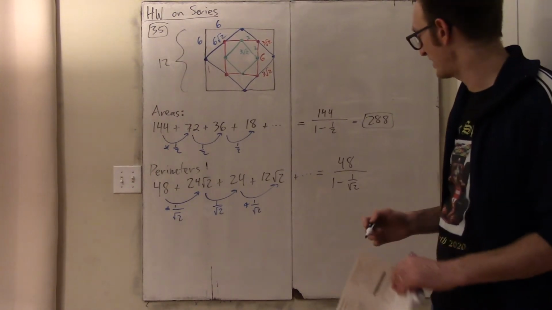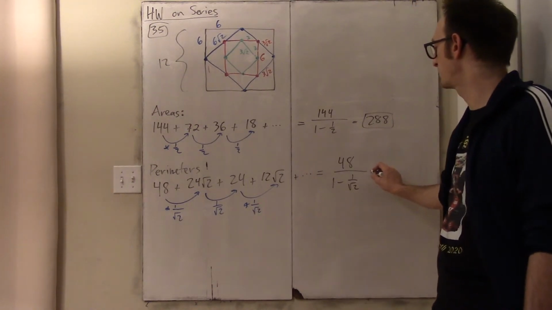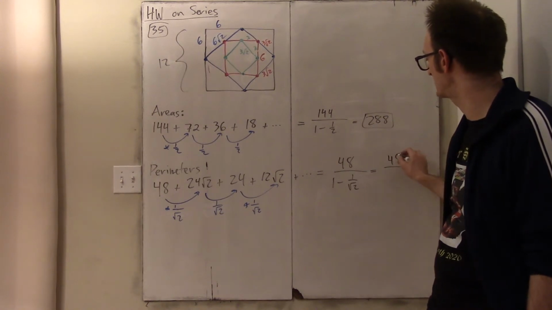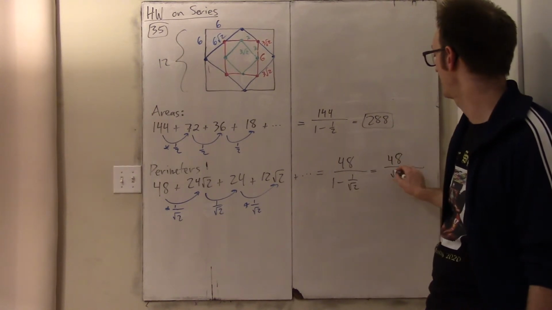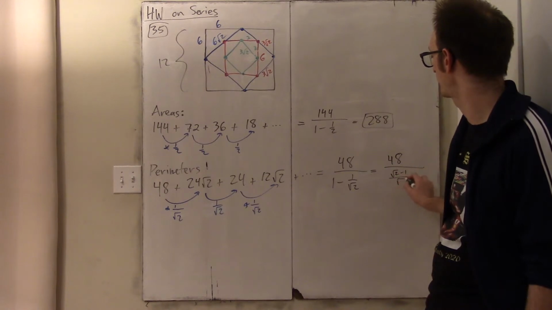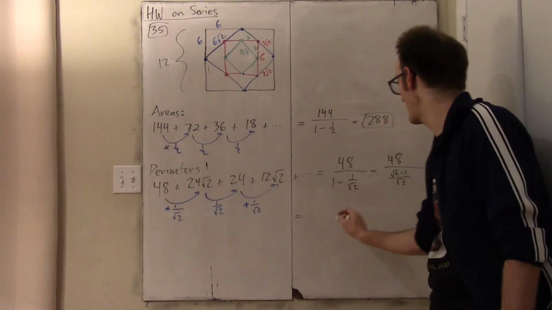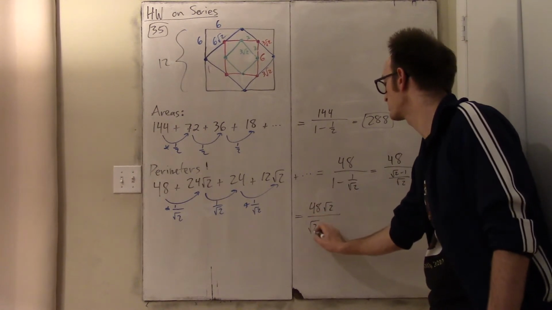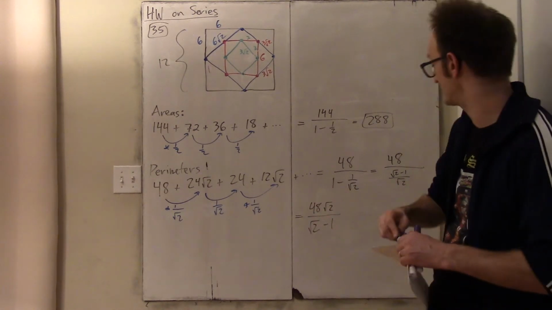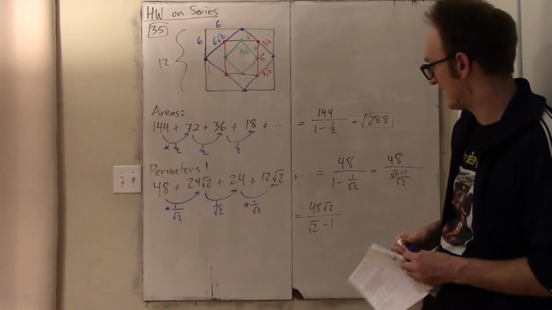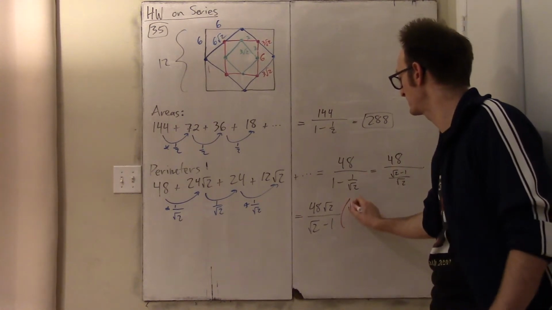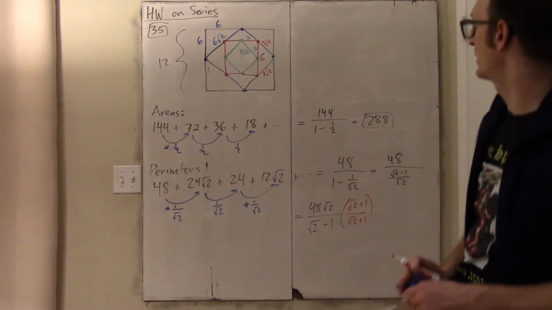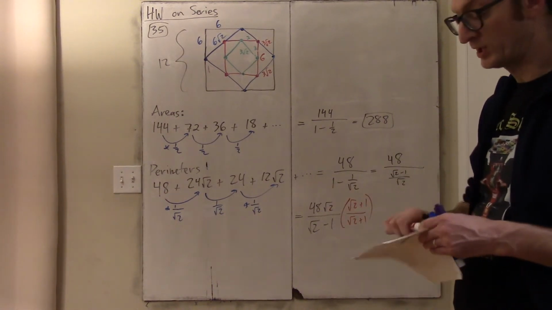So the professional thing to do is to rewrite this by getting a common denominator in the denominator first. That would be root 2 minus 1 over root 2, which is then 48 root 2 over root 2 minus 1. That's looking a little better, but what most people do is multiply by the conjugate of root 2 minus 1 to clean up that denominator.